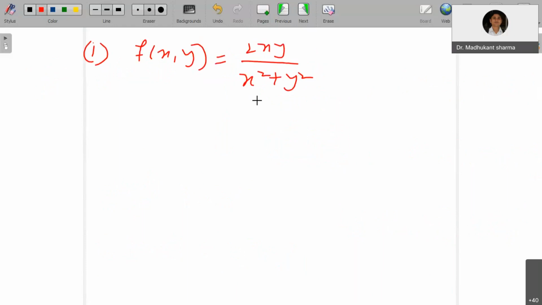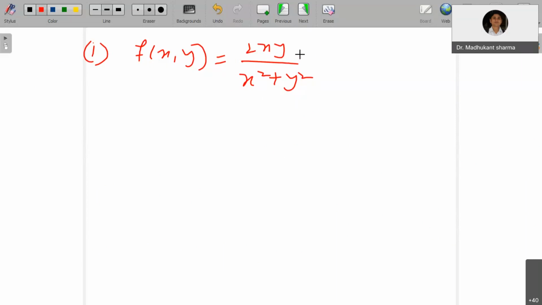Now, the very first thing, this function is not defined at (0, 0), because when you take x equals 0, y equals 0, this is a 0 by 0 indeterminate form. So at (0, 0), you don't know what the value will be. Okay, let's try it. If the limit exists, we will define the limit value at that point, and then we may say it is going to be continuous.